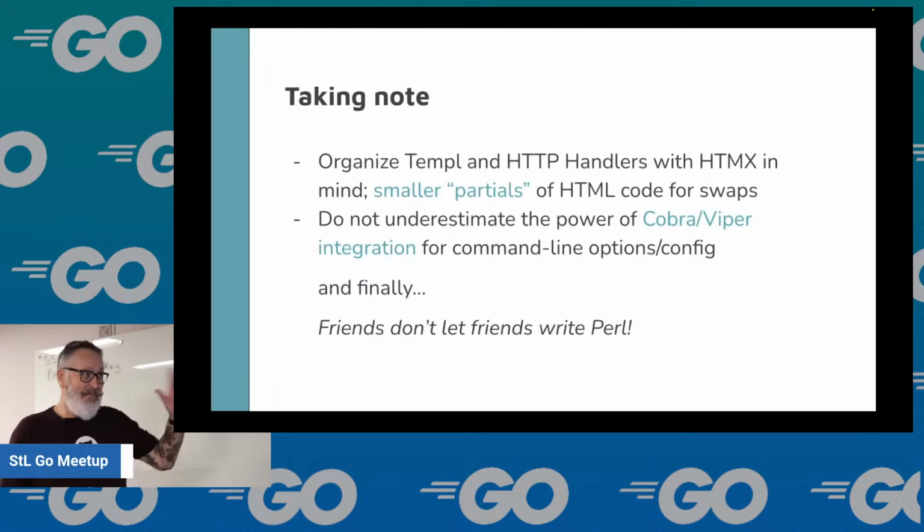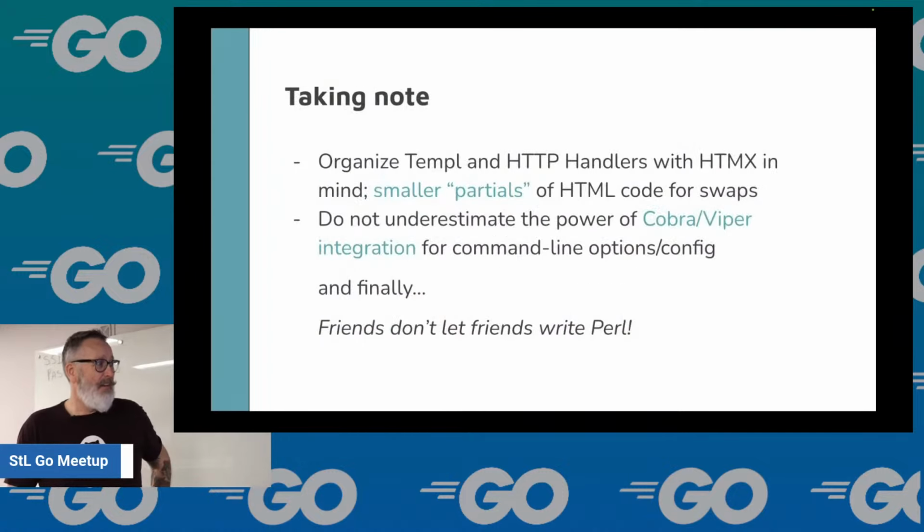Anyway, Cobra and Viper, subject for another talk, but very good projects. They are a little heavyweight, unfortunately. I wish there was something lighter. They bring in a lot of dependencies, a lot of transitives, but it works well.